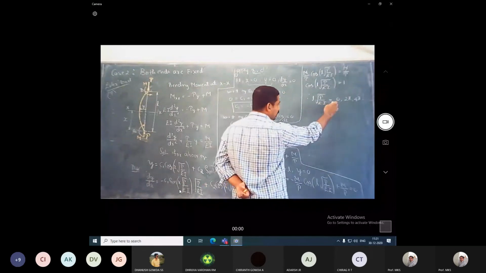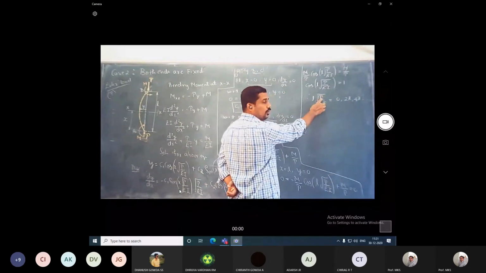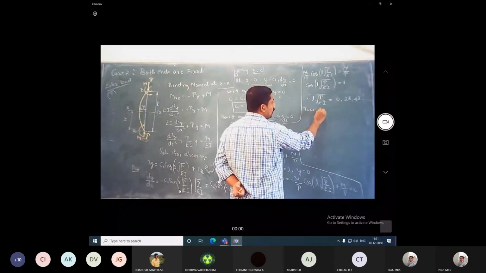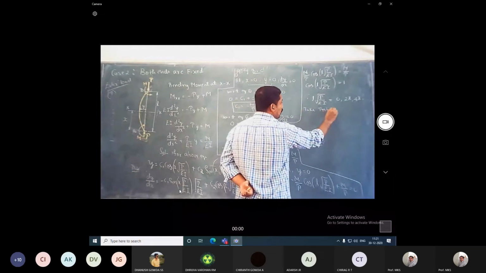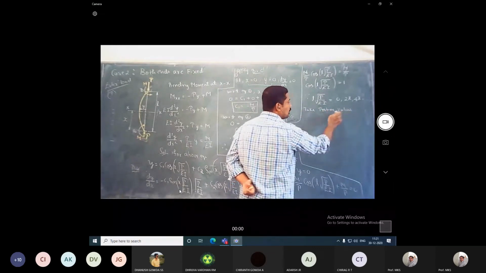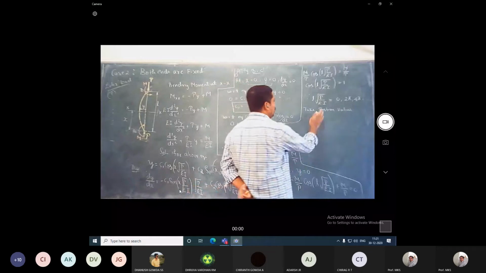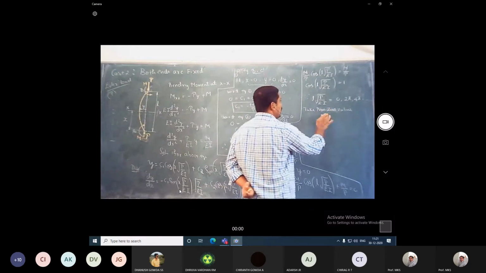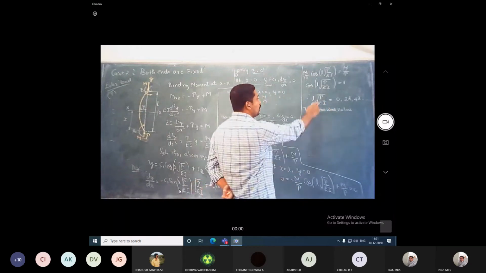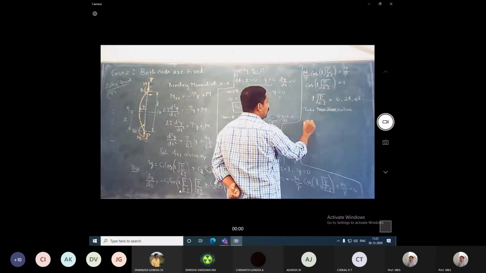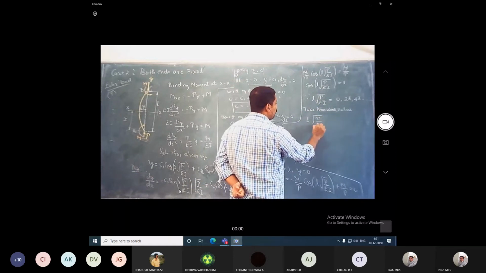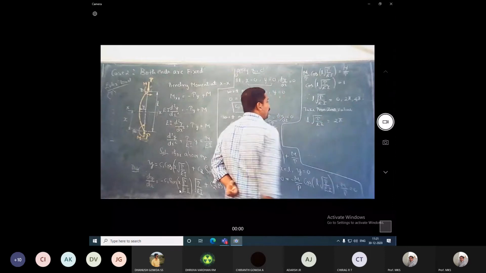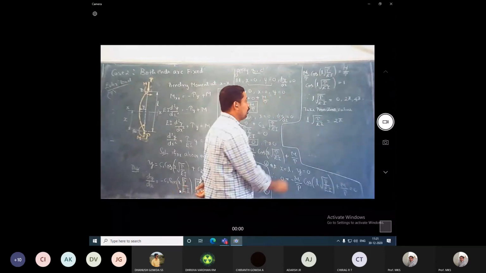Okay. Since I want to find the Euler load, let me take the positive, non-zero value. Since I want to find the expression for P, take a non-zero value. Therefore, L into root of P by EI will be equal to 2 pi.